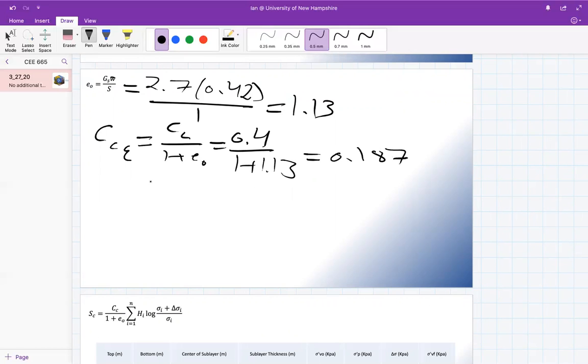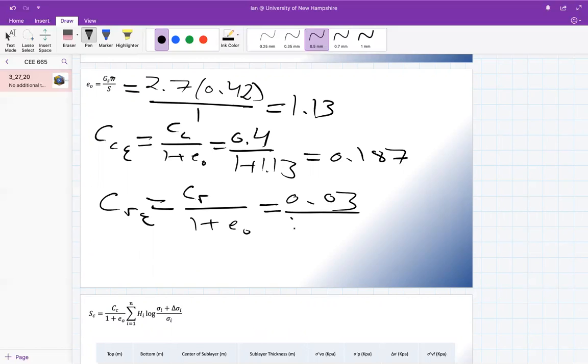equals 0.187. And now we're going to say C sub R epsilon, where R and S are used interchangeably, just so no one's confused. C sub R or C sub S, same thing, over 1 plus e naught equals 0.03 over 1 plus 1.13.